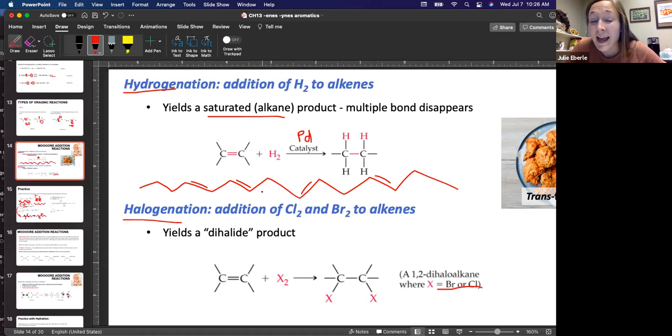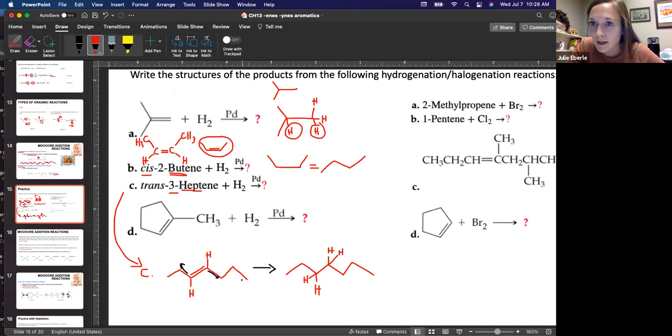And sometimes when they do hydrogenation commercially or industrially, you don't actually saturate all the double bonds. Sometimes it is imperfect, okay? But for simple ones like this, where I'm just giving you a compound that has one double bond, yes, it yields a saturated compound, okay?